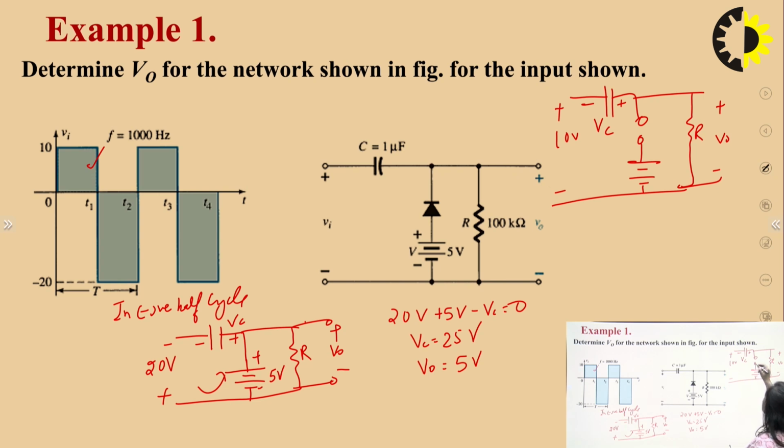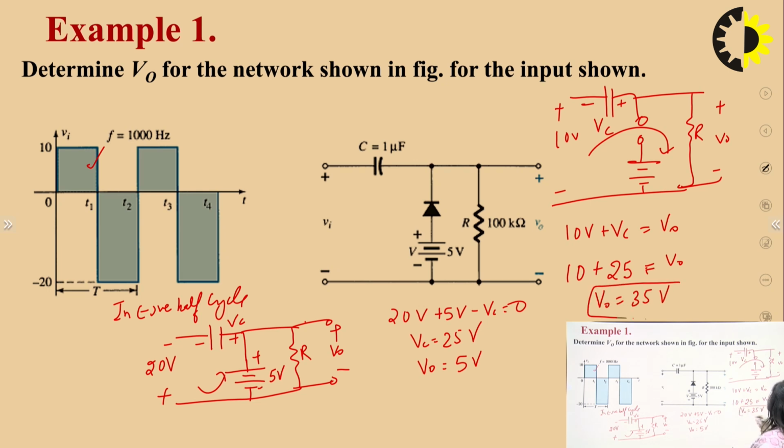Now we can apply KVL here. So this is plus 10 volt plus VC is equal to V0. So 10 plus VC 25. So here V0 would be equal to 35 volt. Okay, so V0 would be equal to 35 volt.